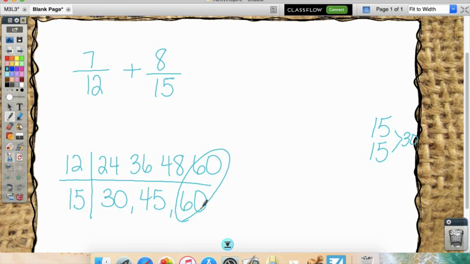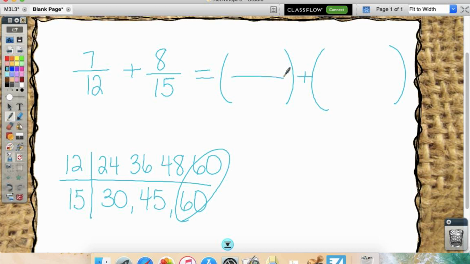Okay, so here's how I'm going to write it. Remember, we're going to have to make equivalent fractions. This will be 7/12, and this will be 8/15.